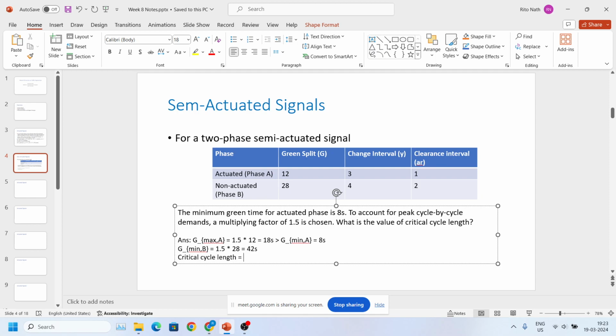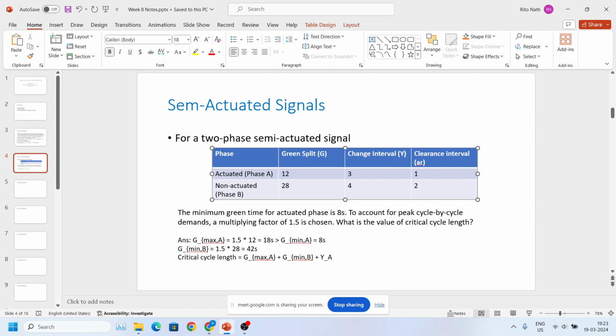So again, this is G max of A plus G min of B. Then you have this YA, let's write it as capital, and then you have YB.